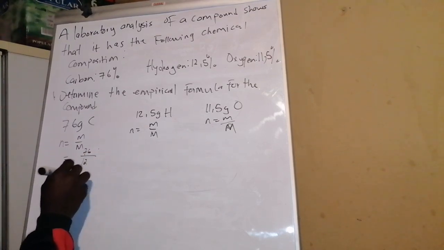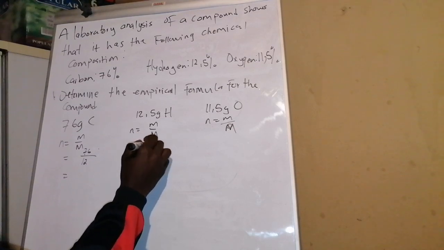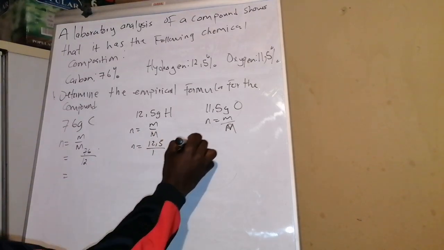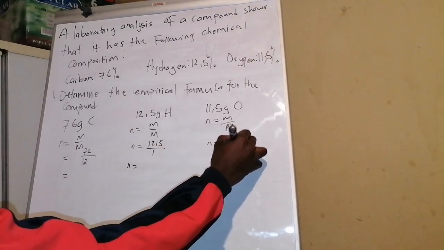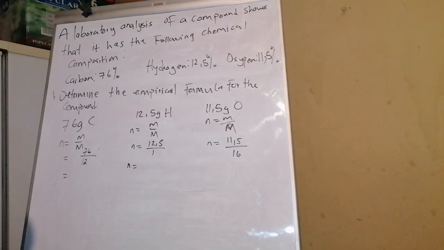Then here it's number of moles, 12.5 gram over 1. Then here number of moles, 11.5 gram over 16. Then you use your calculator, 76 over 12.